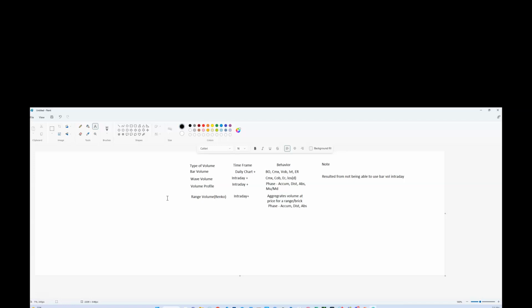It doesn't say, in the bell-shaped curve, that within this high volume node there's 45 million traded. It generally doesn't. It might have an option to do that. You could club it or something like that. But Renko volume does. Range-based volume, you can do it.